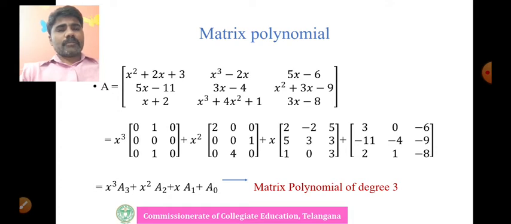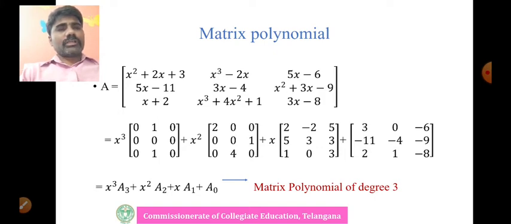Suppose the elements of a matrix A are polynomials in some variable x, and the degree of each polynomial is at most 3.